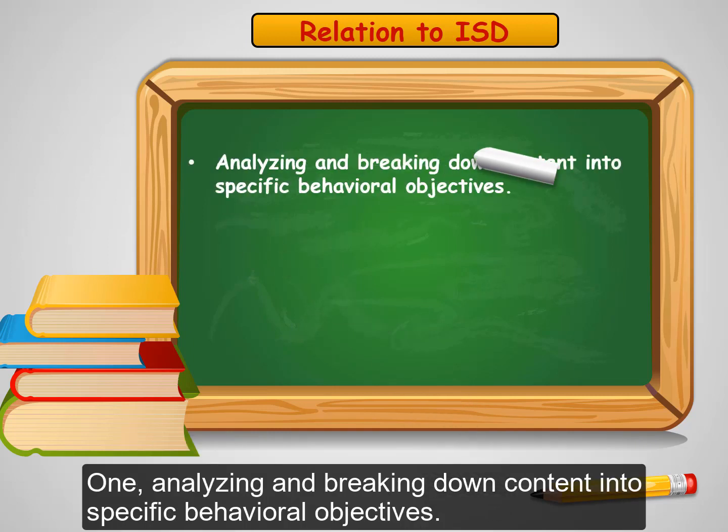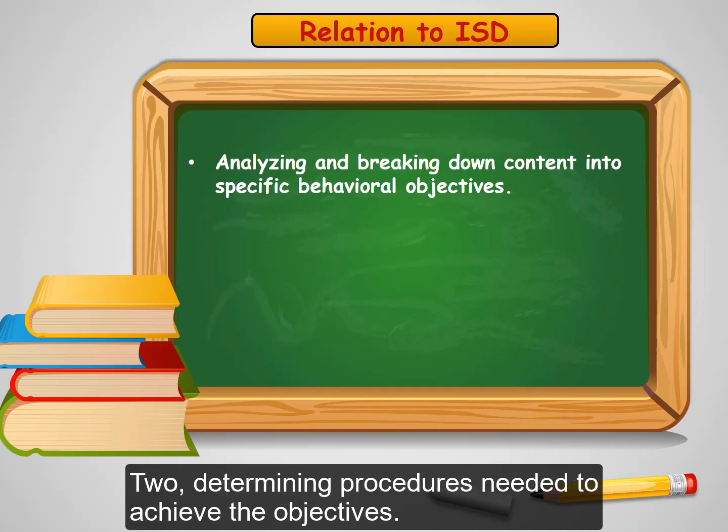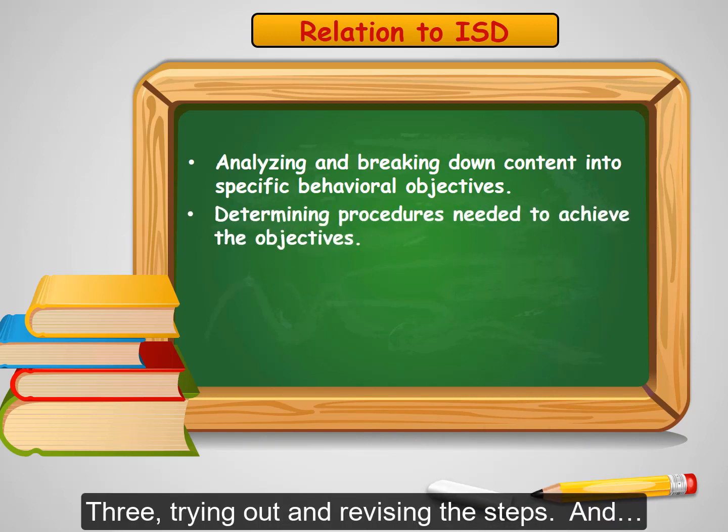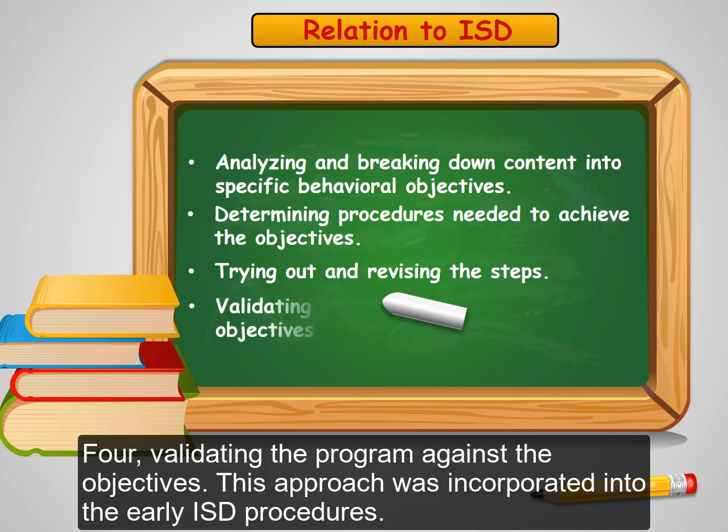Analyzing and breaking down content into specific behavioral objectives, 2. Determining procedures needed to achieve the objectives, 3. Trying out and revising the steps, and 4. Validating the program against the objectives. This approach was incorporated into the early ISD procedures.